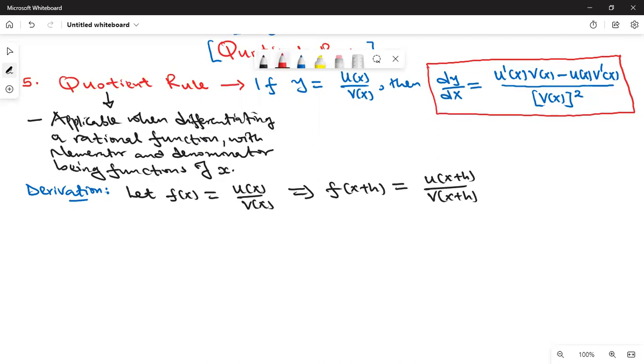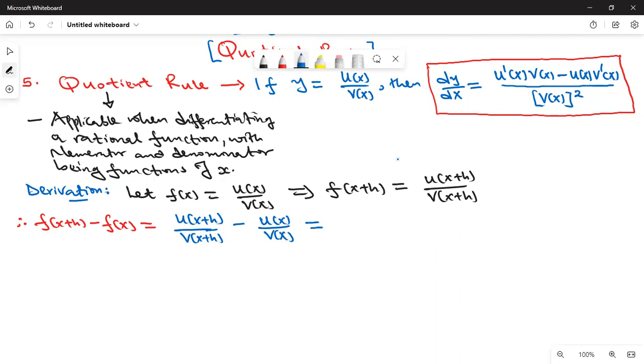Therefore, f of x plus h minus f of x. What should it give us? This is u of x plus h over v of x plus h minus u of x over v of x.